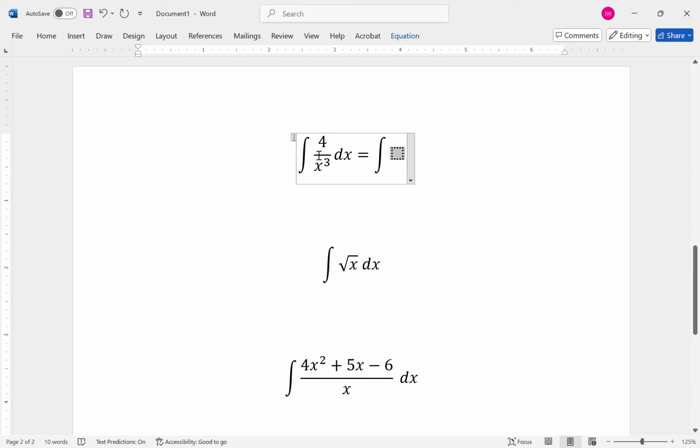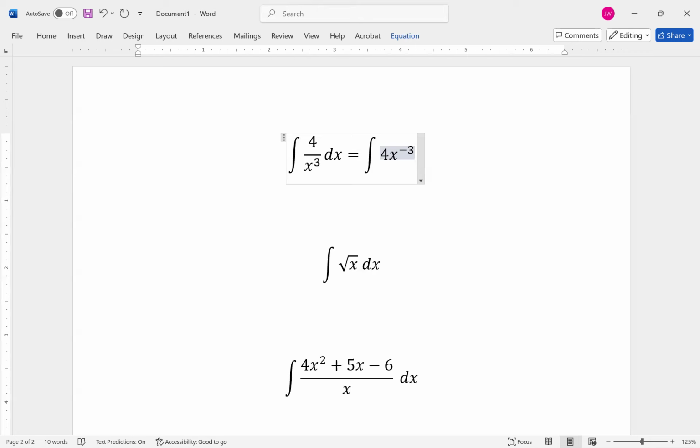So here's a rewrite. 4 over x to the third is not in the form that I want it to be in to do an antiderivative. So what I would like to do is rewrite that as 4x to the negative 3.